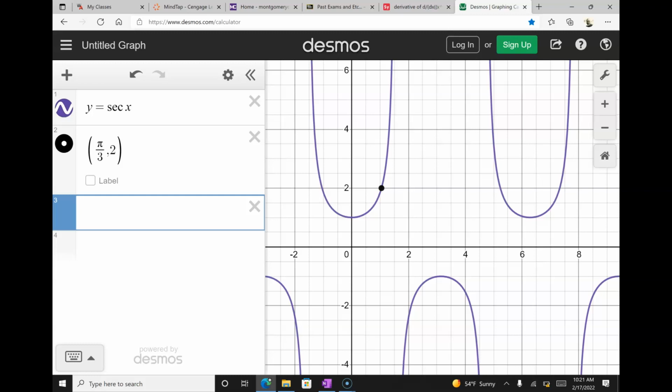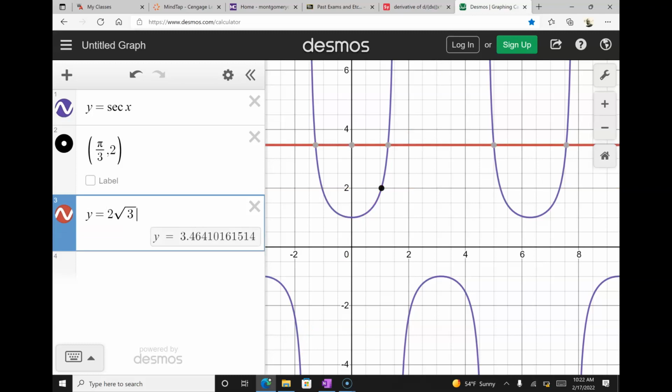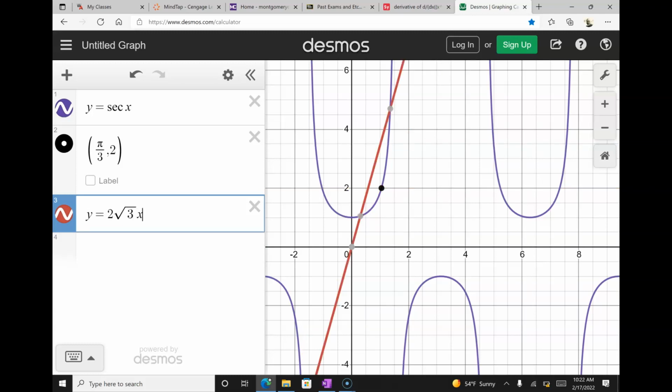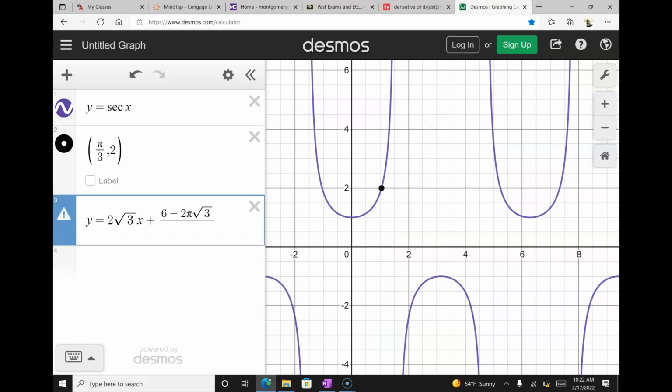So I got my tangent line y equals 2 square roots of 3 times x plus 6 minus 2 pi square roots of 3, all divided by 3, yes? Bang. Love it.